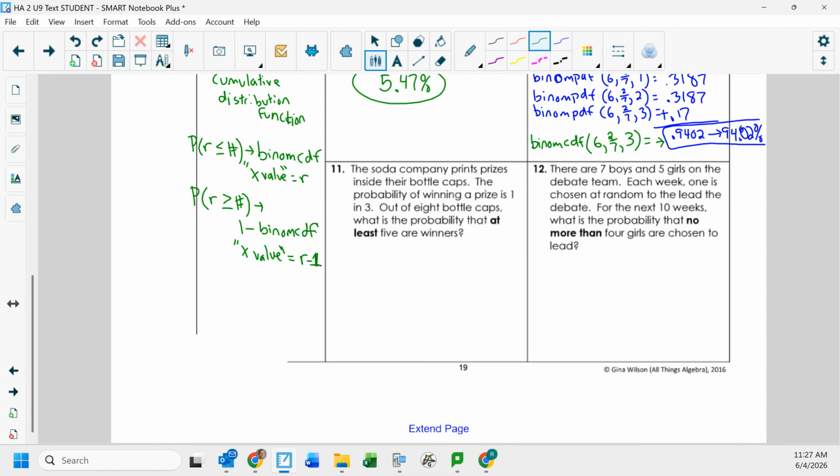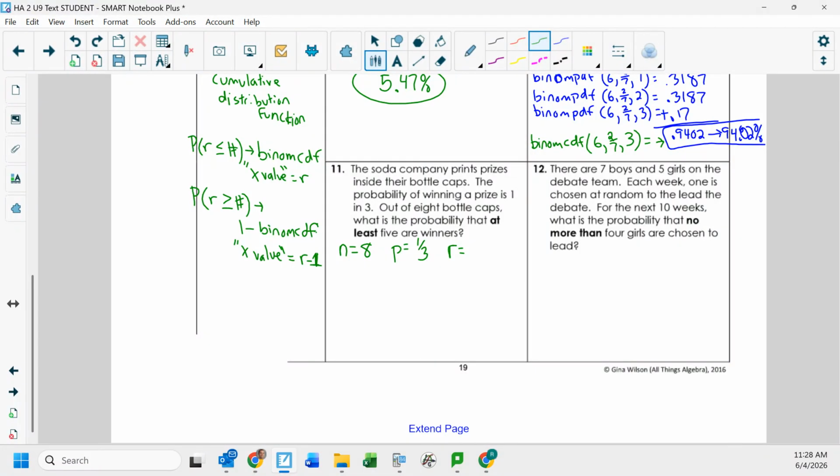And so for 11, it says the soda company prints prizes inside the bottle caps. The probability of winning a prize is 1 in 3. Out of 8 bottle caps, what's the probability at least 5 are winners? So our N, there's 8 soda caps, so our N is 8. Our probability of winning is 1/3. And we want at least 5 winners. So that means we could have 5, 6, 7, or 8.